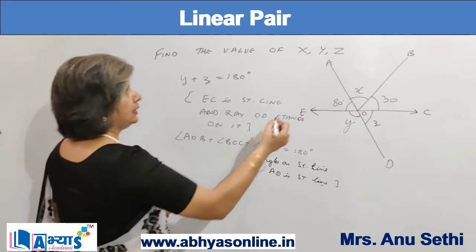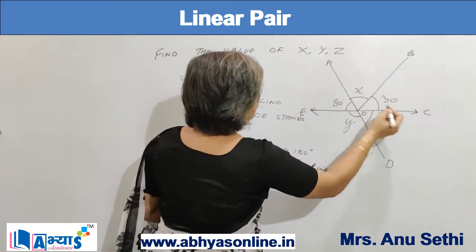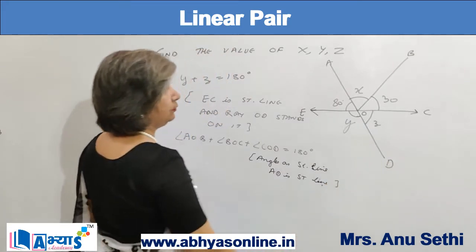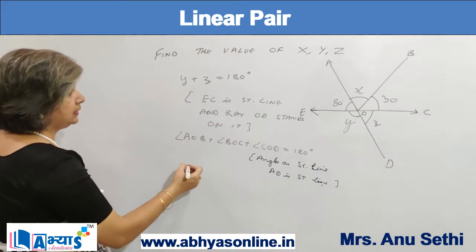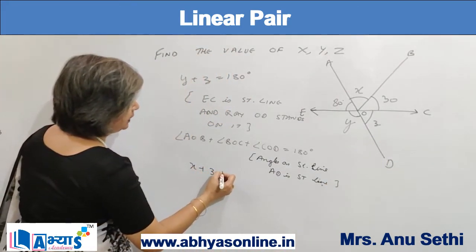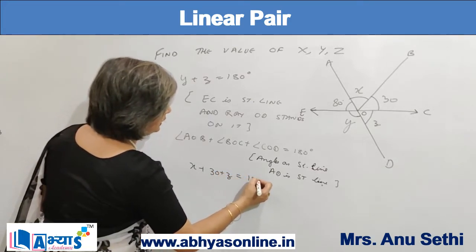So we can say angle AOB plus BOC plus COD is equal to 180 degrees, or I can say x plus 30 plus z is equal to 180 degrees.